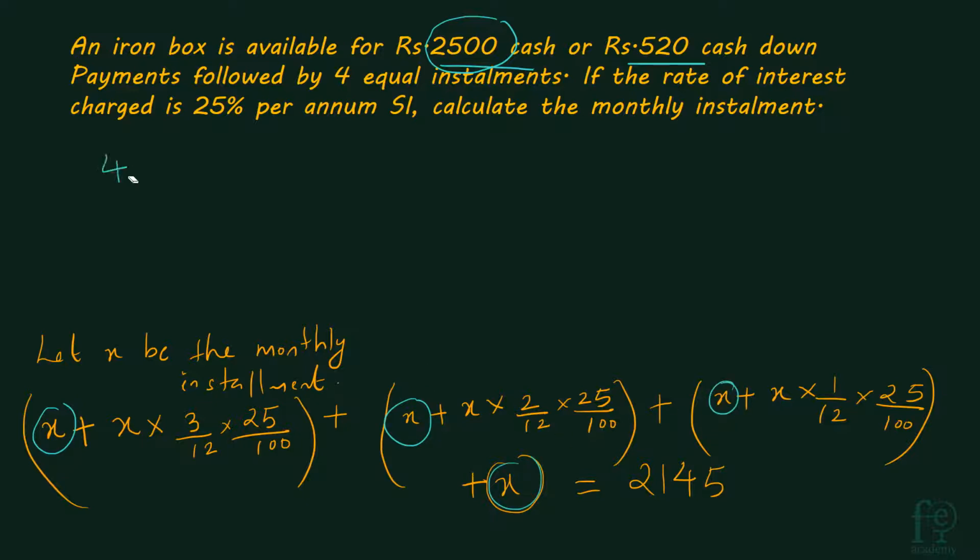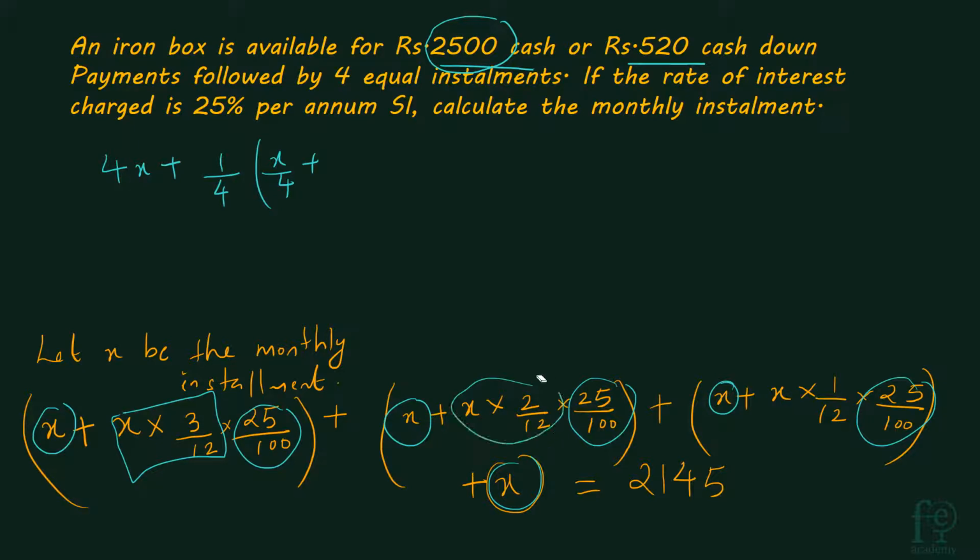So 4X plus, and this 25 by 100 can be taken in common. 25 by 100 is 1 by 4. So 4x plus 1 by 4 into this term, which will be x by 4, plus this term x by 6, and this term x by 12, is equal to 2145. So 4x plus, here the denominator will be 12. 12 is the LCM.